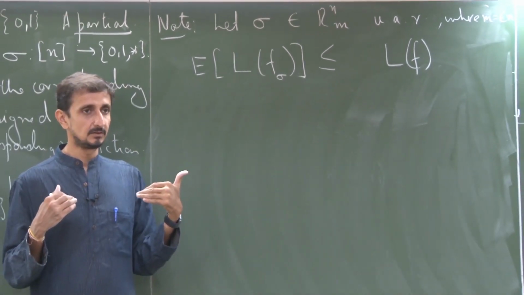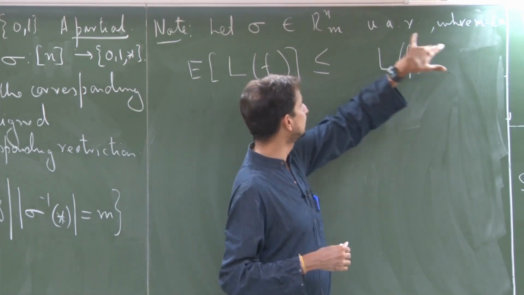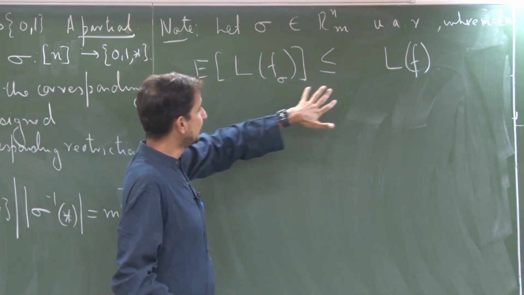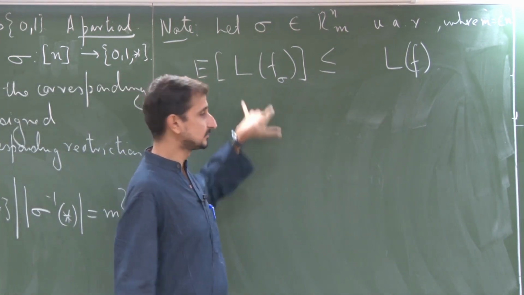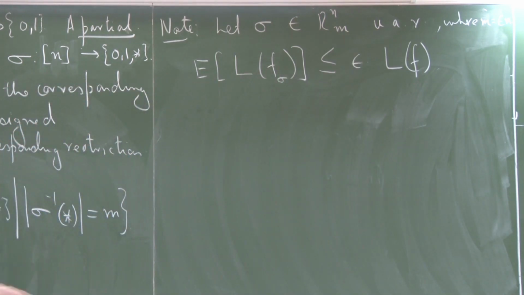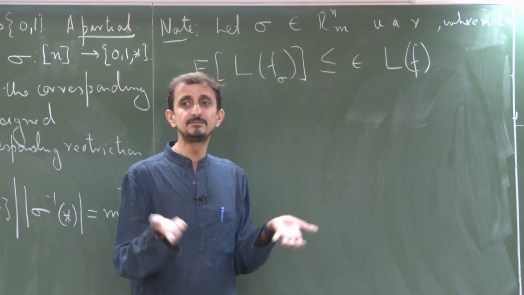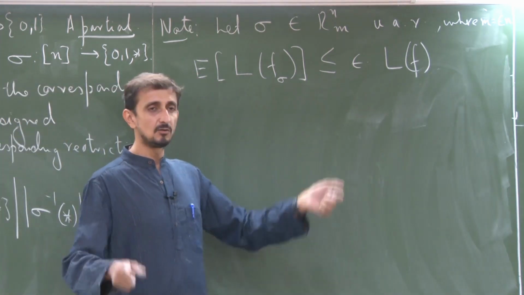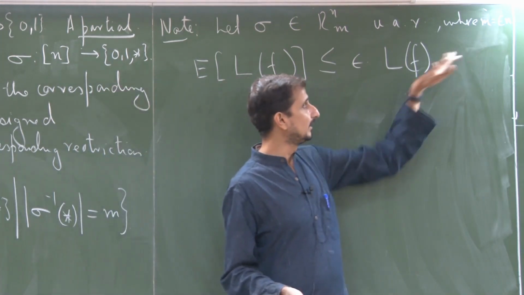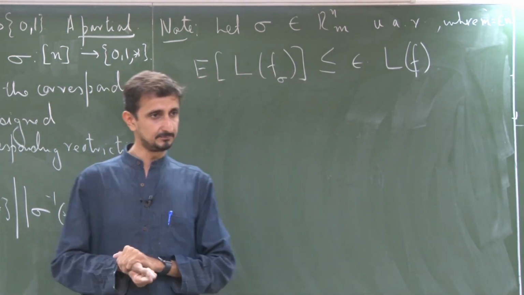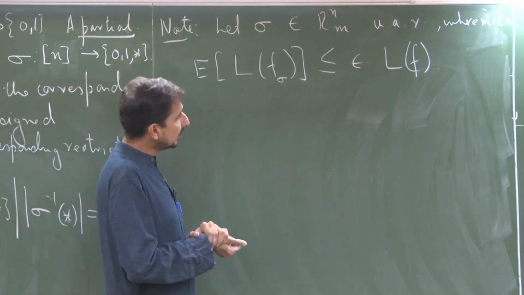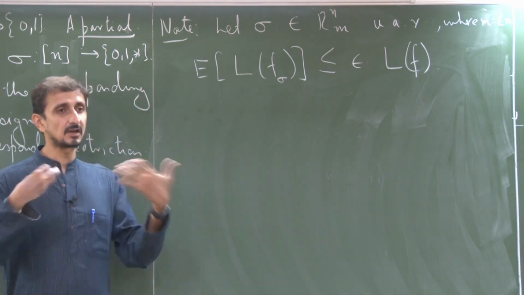So if an epsilon fraction of the variables remain, the expected size of this formula will be epsilon times L of f, because it is just counting the number of leaves that remain. Exactly those variables set to 0 or 1 vanish, and the ones which remain stay. This is easy to see, but here I am not using any structure of the formula.